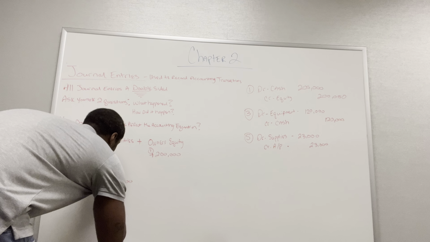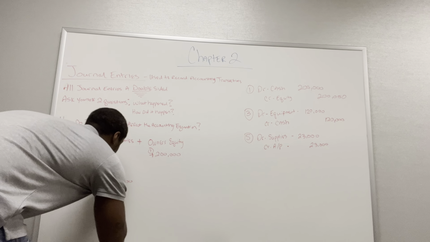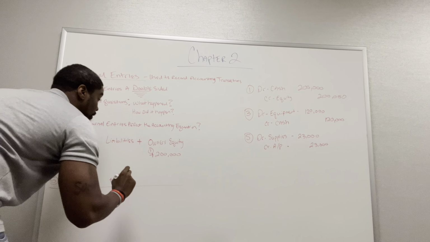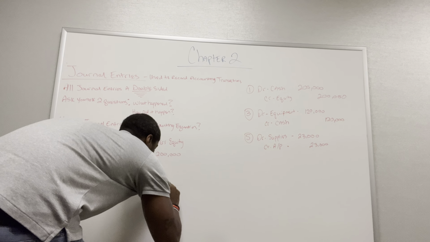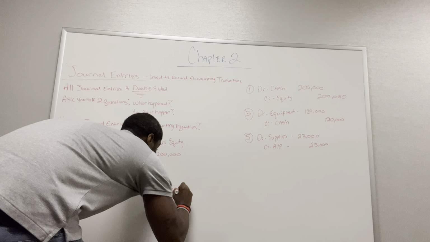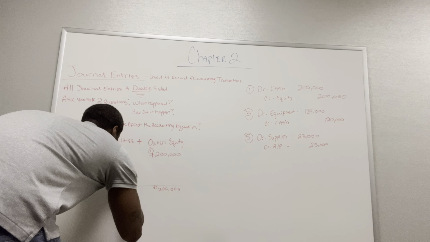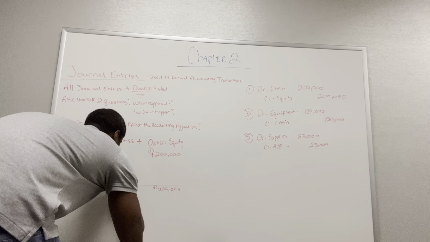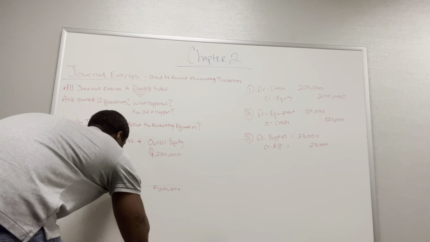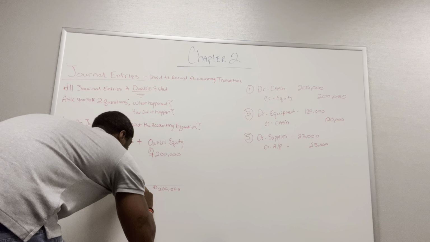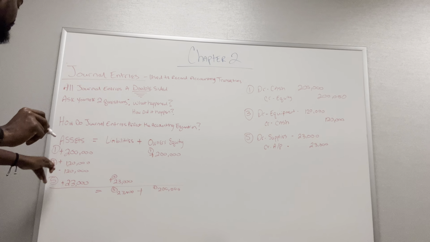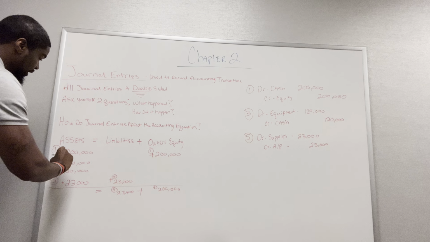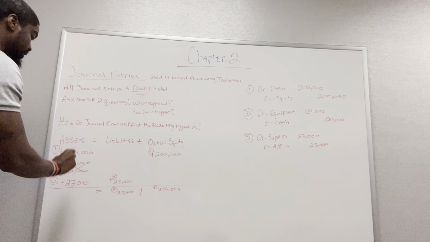So to total this off, just so you see how these impact the accounting equation, we have entry 1 for 200,000 here, entry 5 for 23,000 here, and then equals, we have entry 1, 3, and 5. Since 3 netted out, that's a zero impact on the equation.